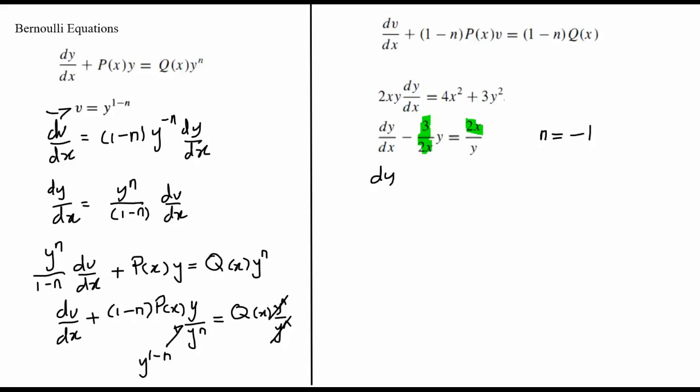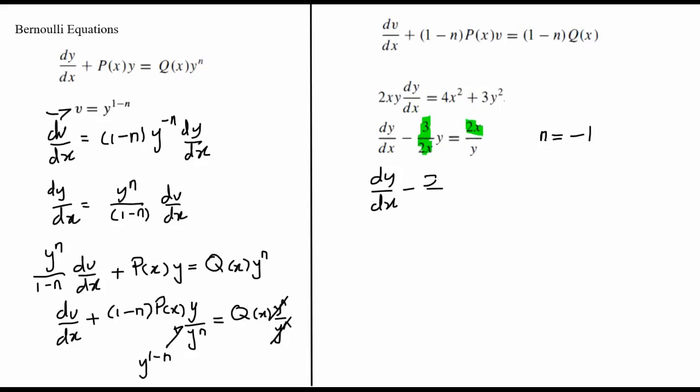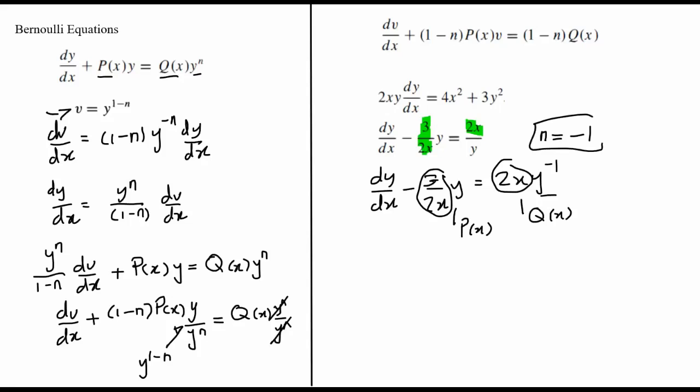I'll show you. I could just rewrite this as dy/dx - (3/2x) y = 2x y^(-1). So this is your q(x), and this over here is the function p(x), that is, this p and q. And you can see here the y^n is y^(-1), so therefore we end up with n equals -1.